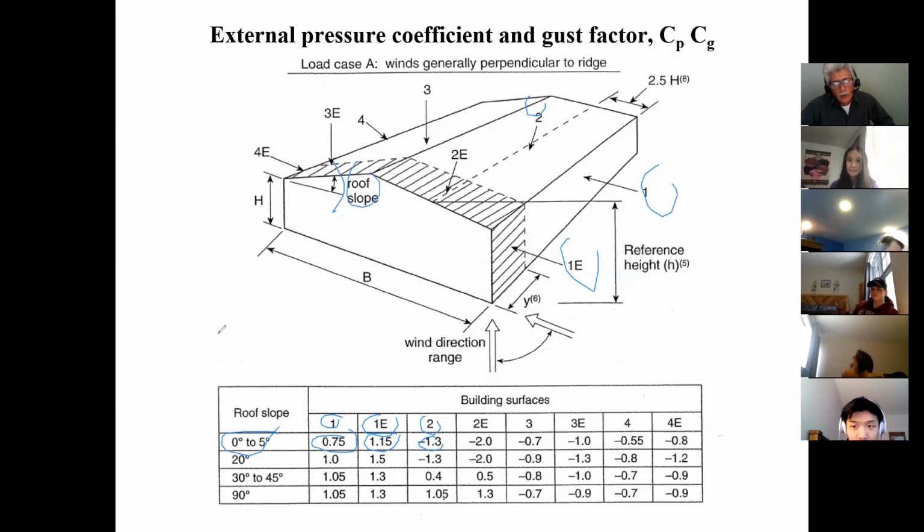So if you have a flat roof, this is what you use. If your roof is a 20-degree slope, this is what you use. If it's 30 to 45 degrees, or 90 degrees, and here it doesn't make a difference, it's about the same. So depending on the angle of the roof, the values will change, and it's going to have an effect on how the wind blows around the building.